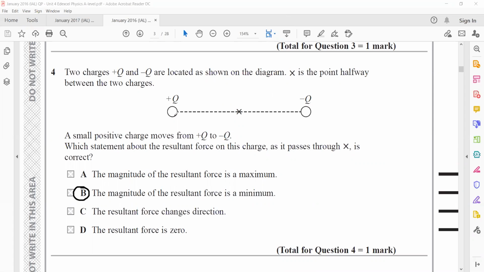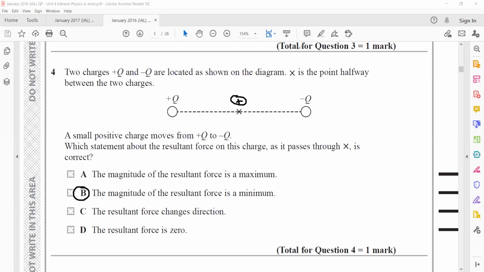When a positive charge passes through the center, the magnitude of the resultant force, not about force, it's about resultant force, will be minimum.